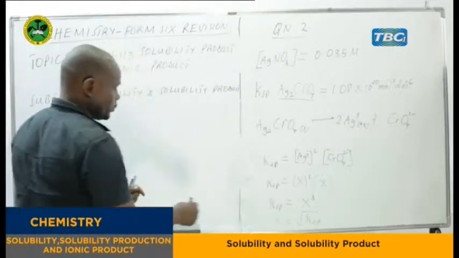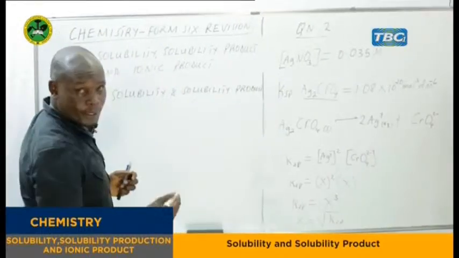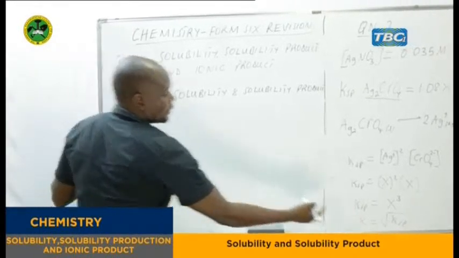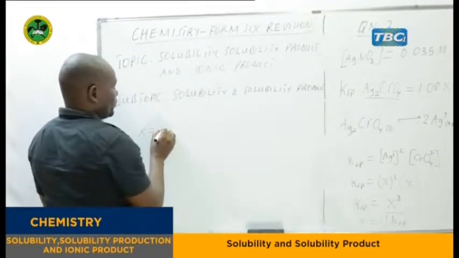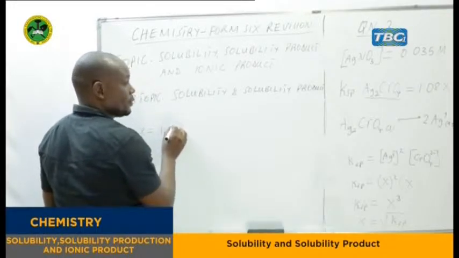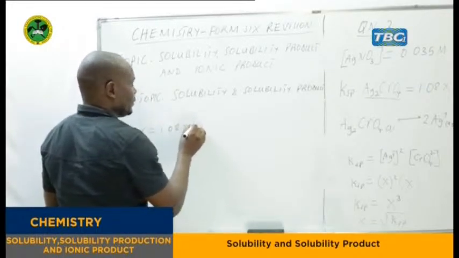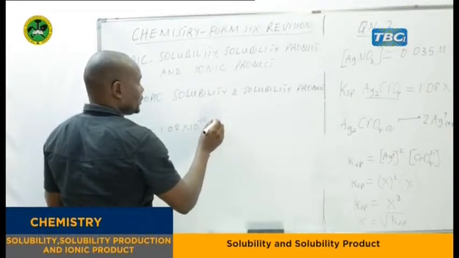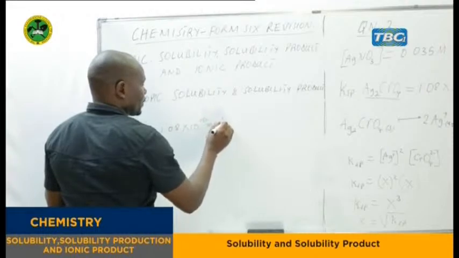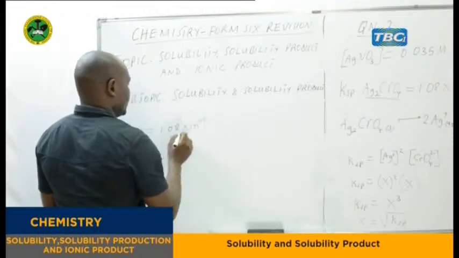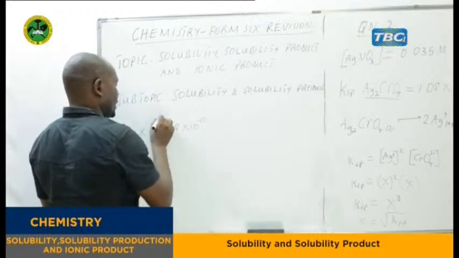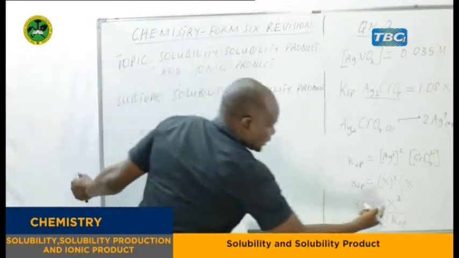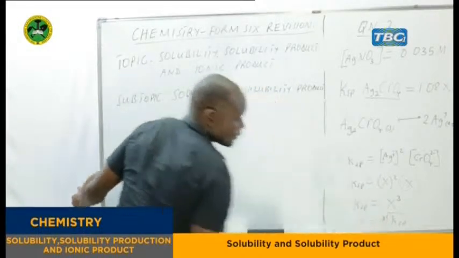If we substitute our data, we have the Ksp given there, 1.08 times 10 power negative 10, with the units. This is a cube root, not a square root, since it is 3 there, so here must be 3.